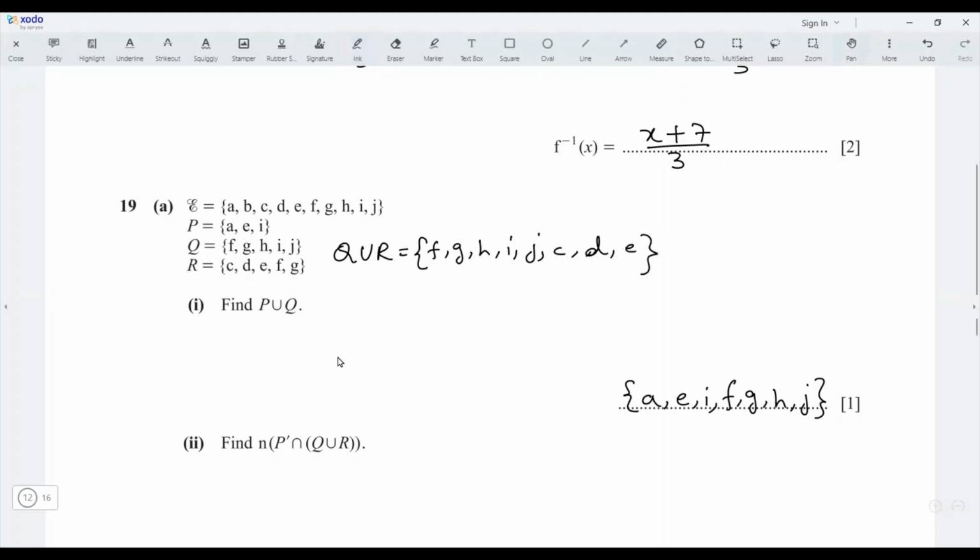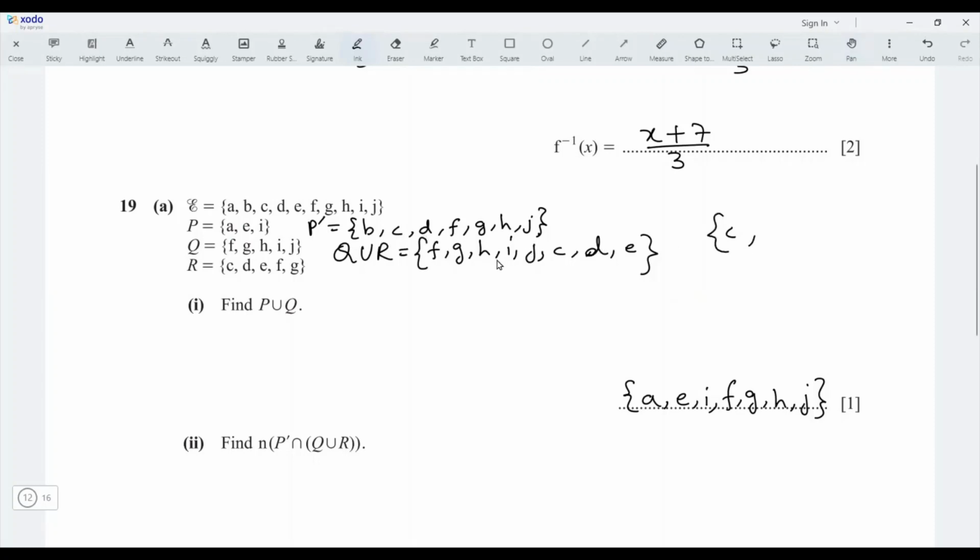We have to take intersection with P complement. What does P complement mean? Other than a, e, and i. We have to write down the other elements, that are b, c, d, f, g, h, and j. We have to take the intersection of these two sets. Intersection of all of these must be c. One element is c.